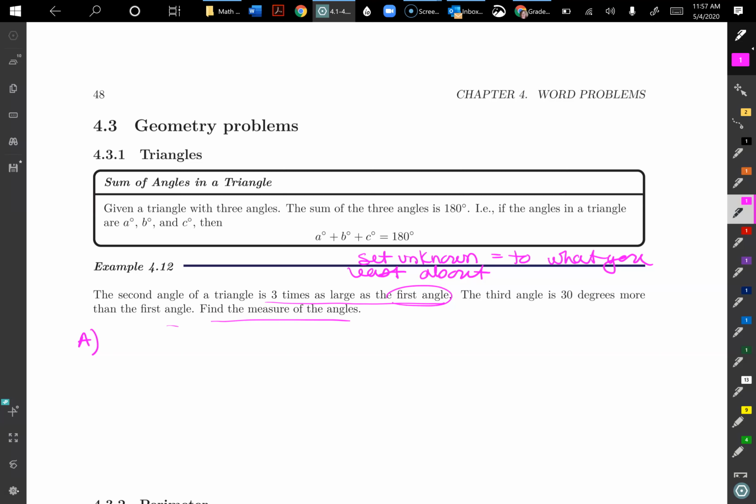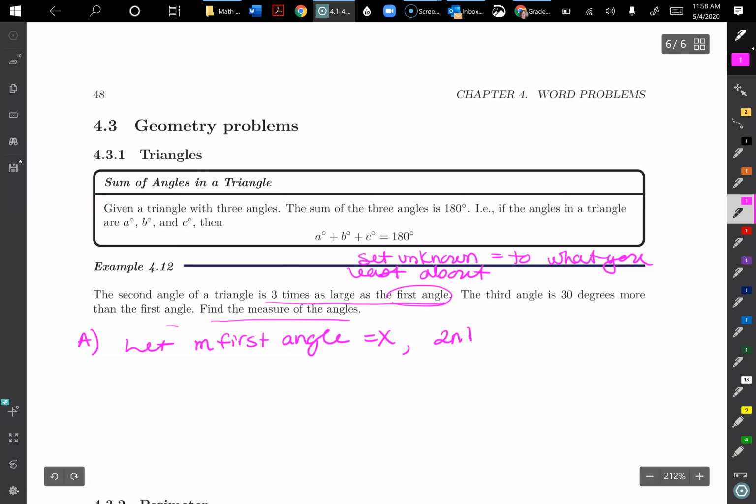So I'm going to let the measure, which I use a little m, of the first angle equal x. The second angle, I'm just going to abbreviate this one.